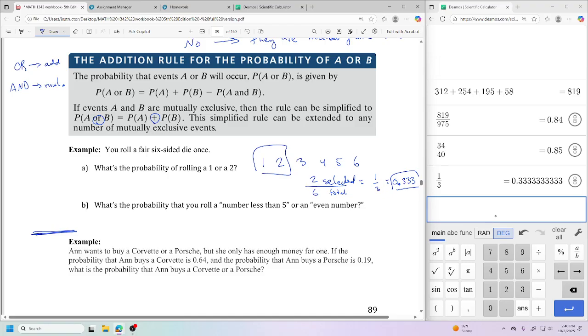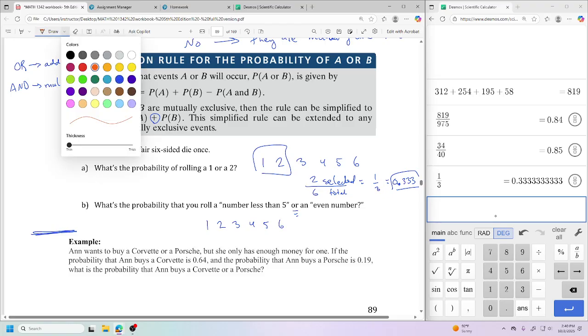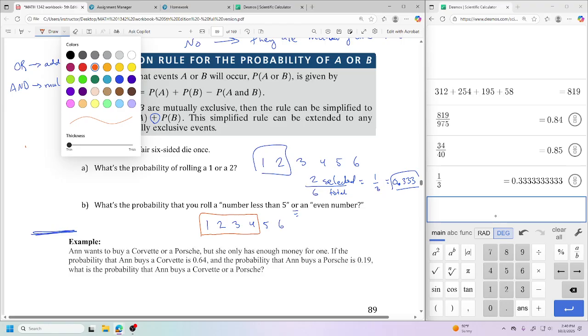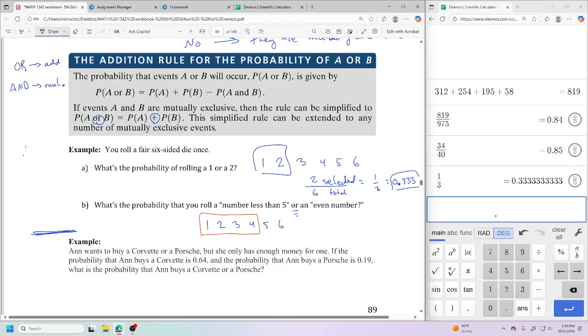It says, what's the probability of less than 5 or an even number? Now we can add this, but really, if you look at it like a human, okay, we got 1, 2, 3, 4, 5, and 6. First off, let's start with the less than 5: 1, 2, 3, 4. Love it. Then I'm going to do a different color here. An even number: 2, 4 and 6.